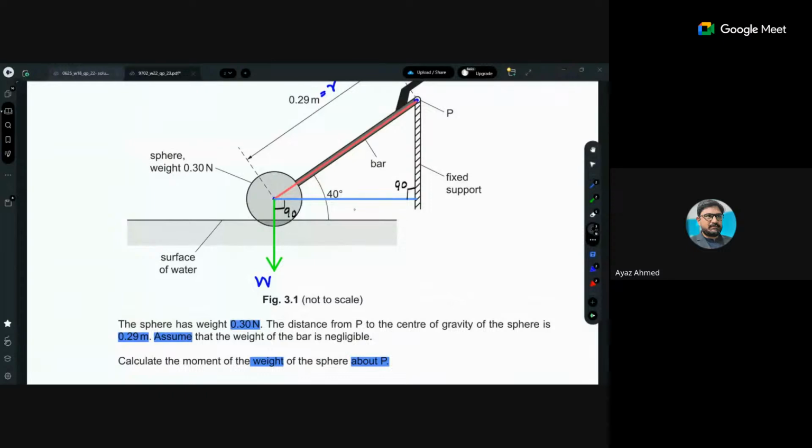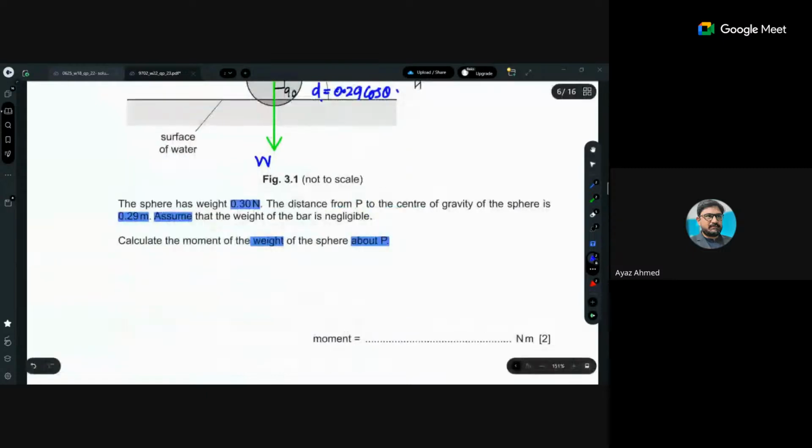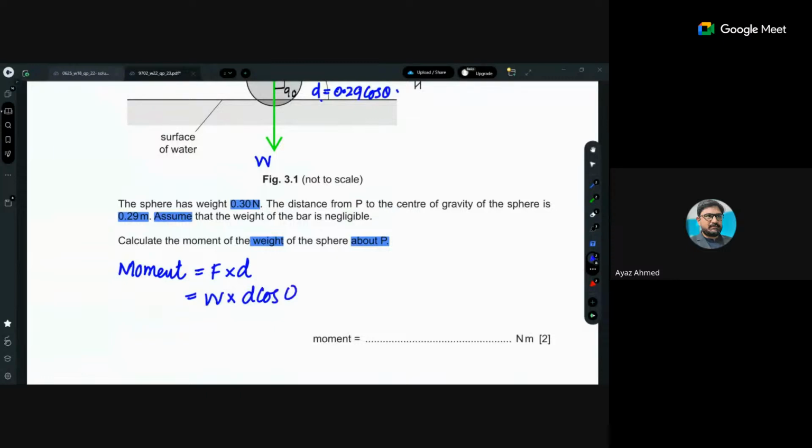ये आपके पास 0.29 cos theta हो जाएगा। That will be 0.29 cos theta. So moment will be equal to F into D. So F आपके पास weight है and D is your D cos theta.